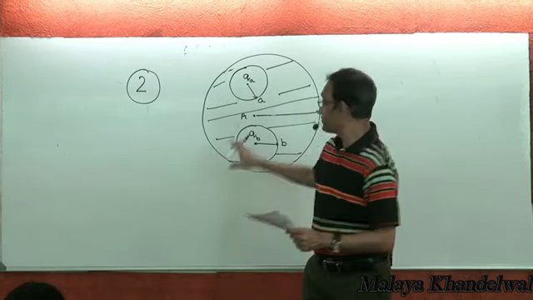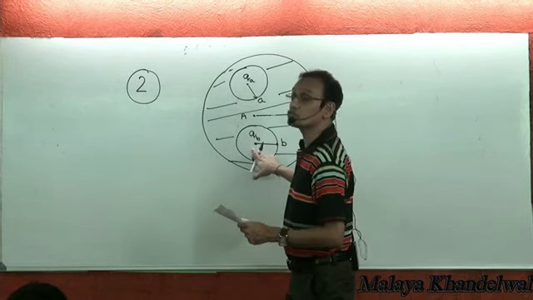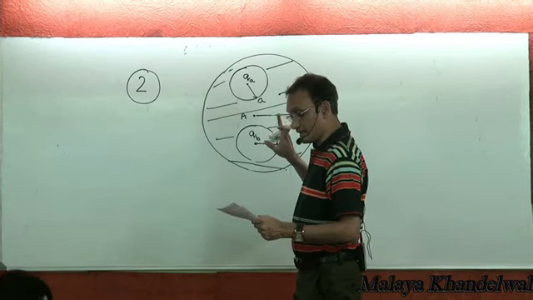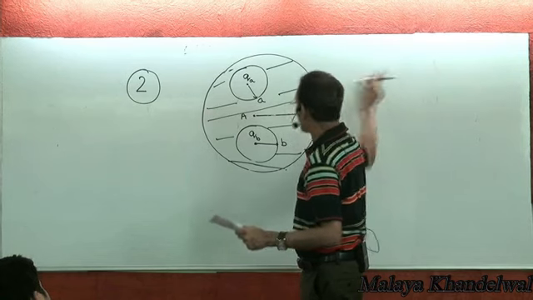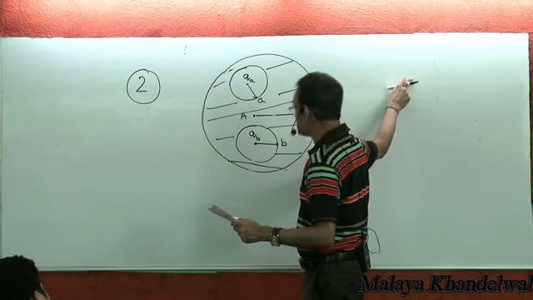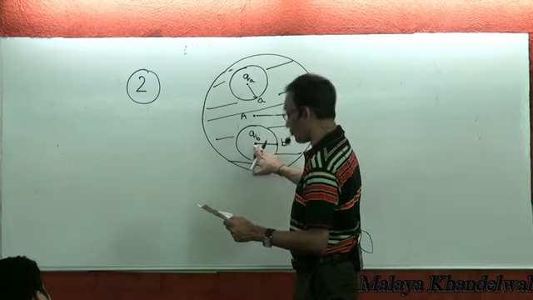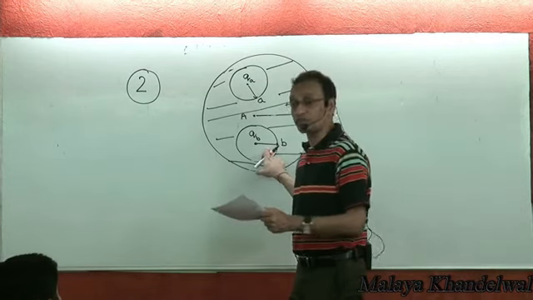A is the center of the bigger sphere, where QA and QB are kept at the centers of the cavities. We want to find the electric field and potential at a distance small r from the center A outside this, and at a distance small r from the center of B but inside this cavity. This is what we need to find out.